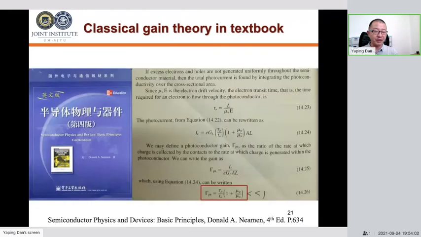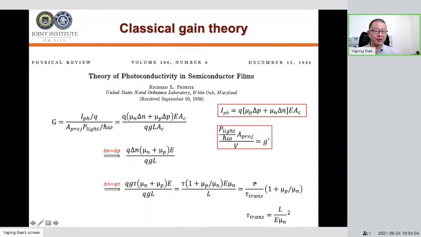Following our previous definition, the minority carrier lifetime here can be very long, because we believe it is the trap lifetime, and the transit time is very short. That's why the gain comes from here, and not from the mobility difference between electrons and holes, which is normally a very small number, maybe 3.